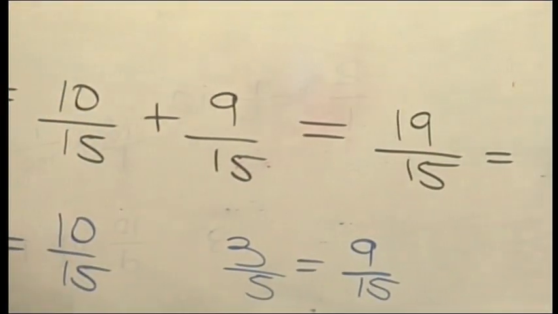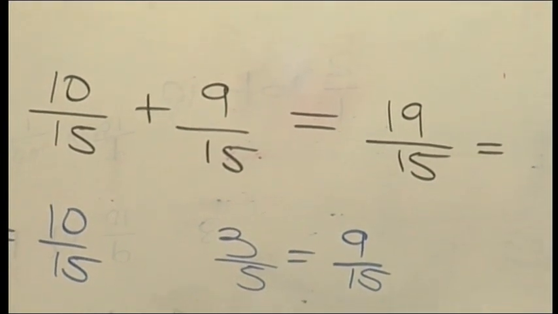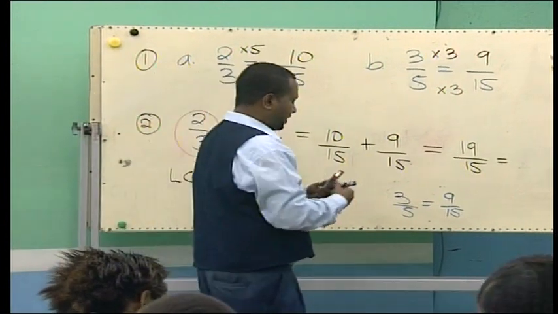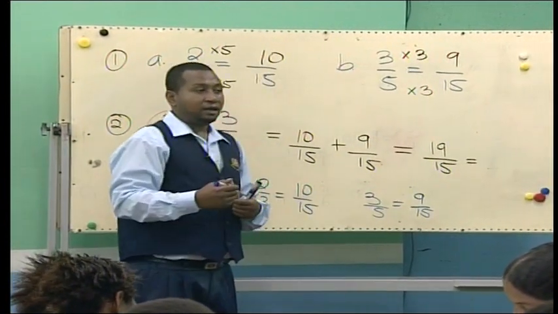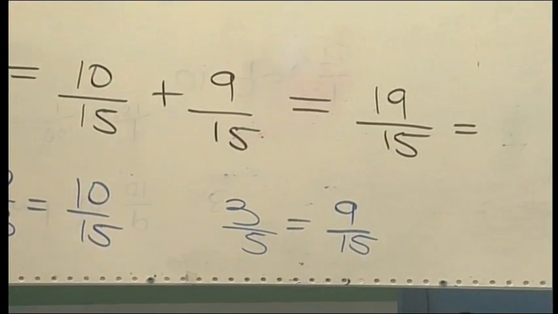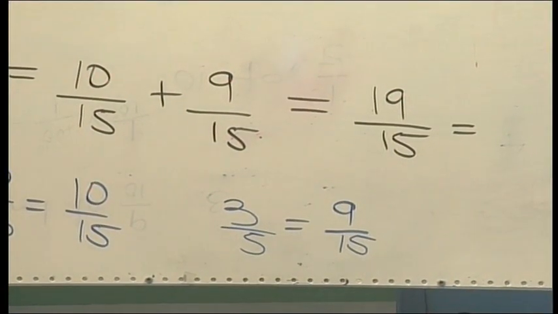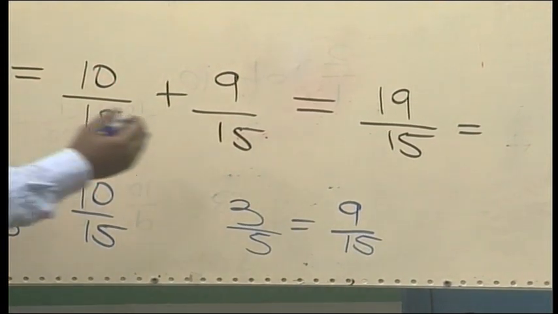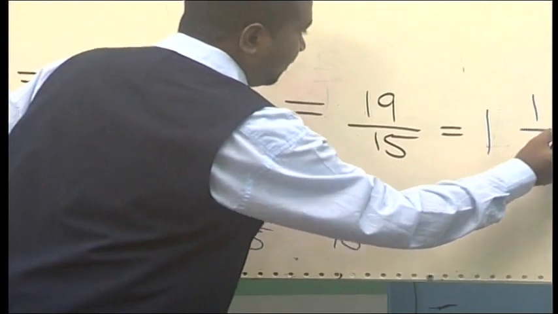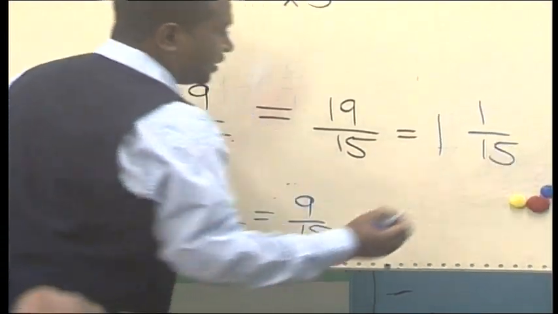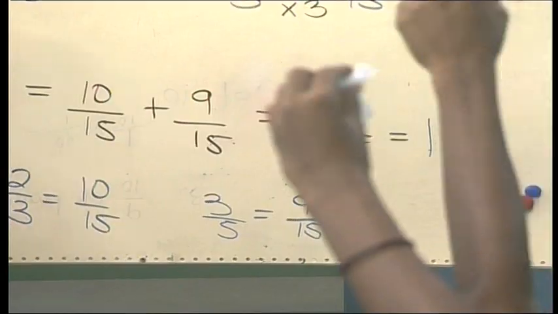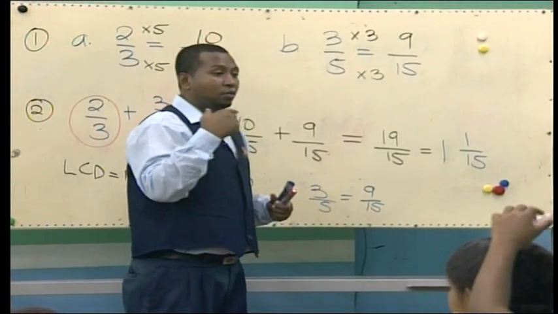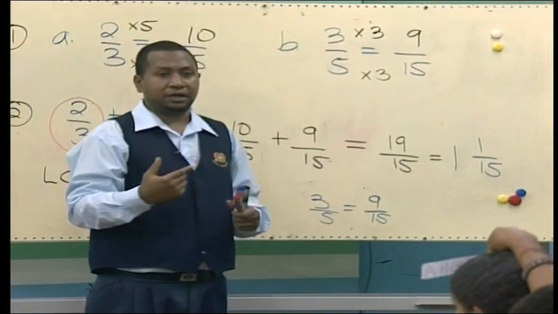Is this our answer? No. It's an improper fraction, so we'll write it as a mixed number. So what will be our answer then? Ruthie? 1 and 1/5. 1 and 1/15. Is it? Ruthie, what did you say? 1 whole and 1/5.